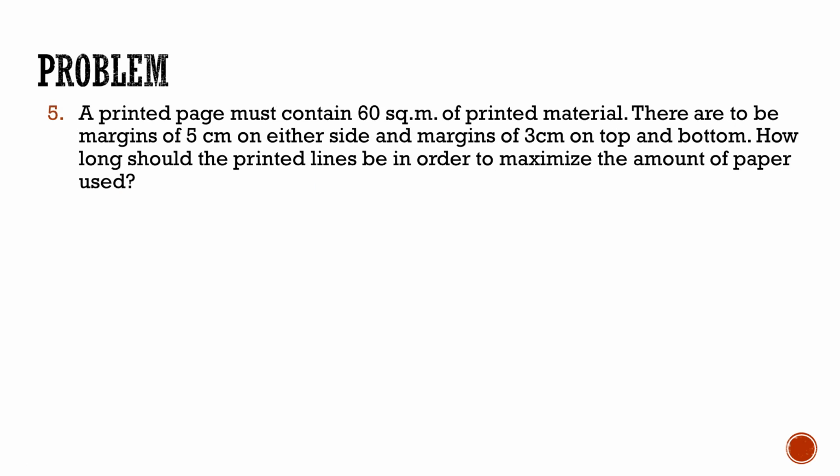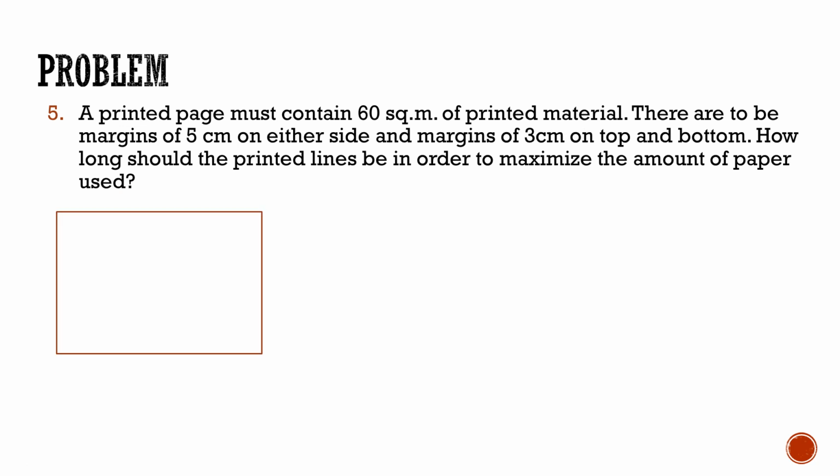So, number 5, a printed page must contain 60 square meter of printed material. There are to be margins of 5 cm on either side and margins of 3 cm on top and bottom. How long should the printed lines be in order to minimize the amount of paper used?